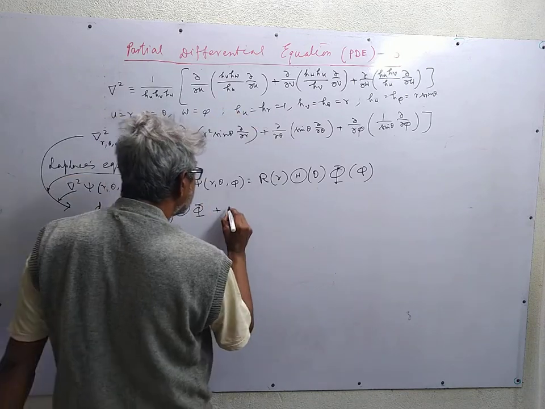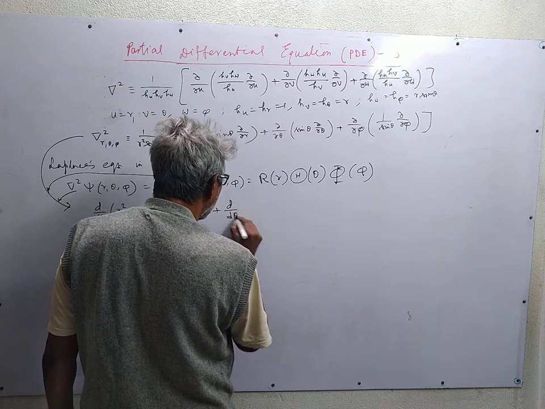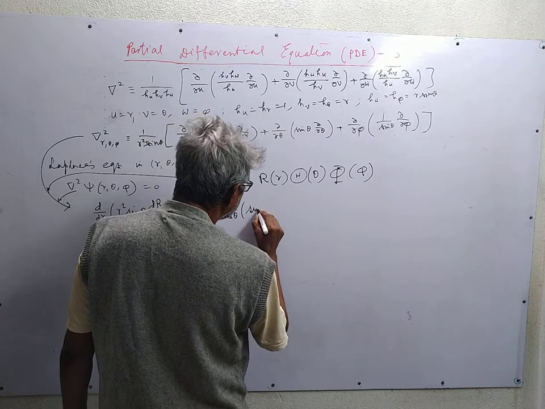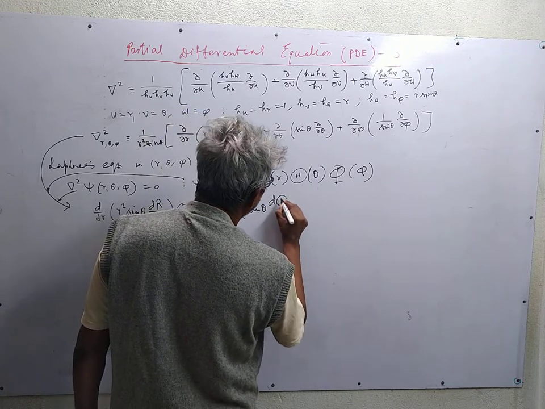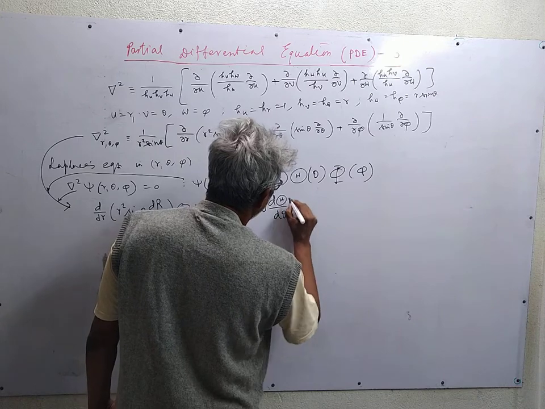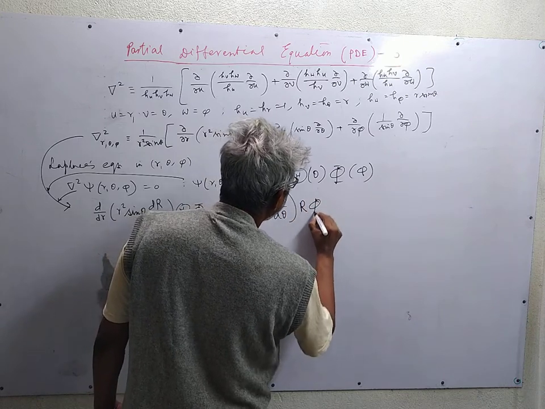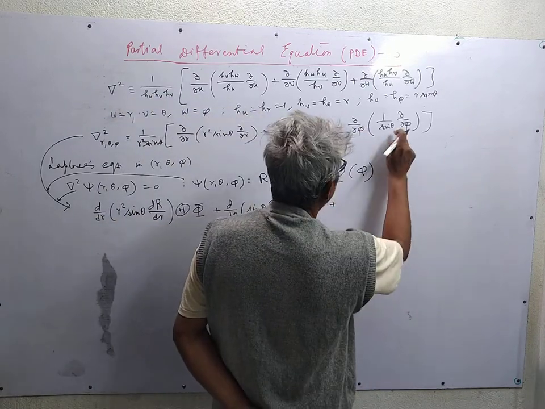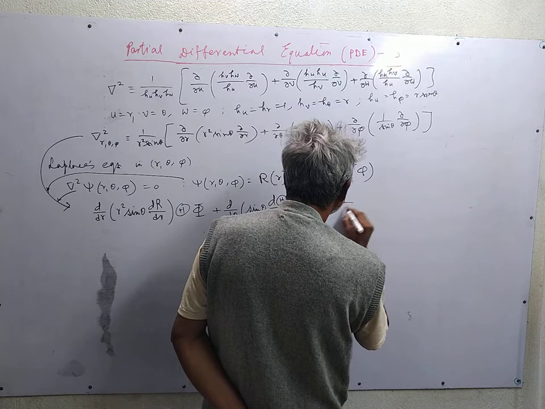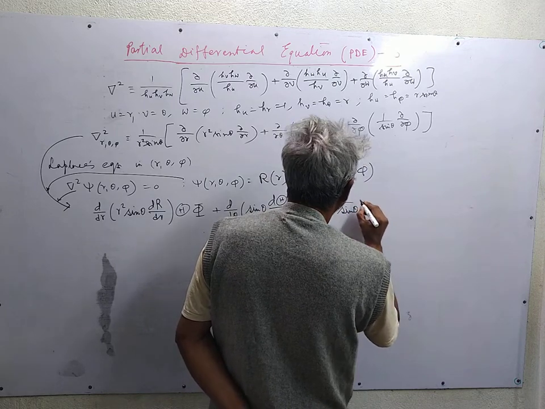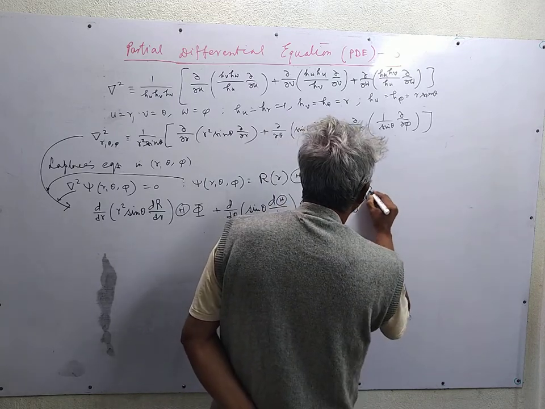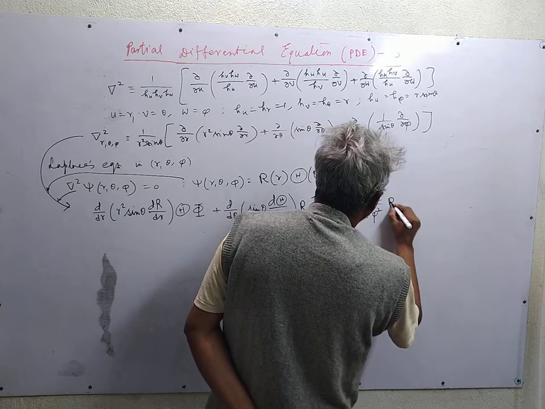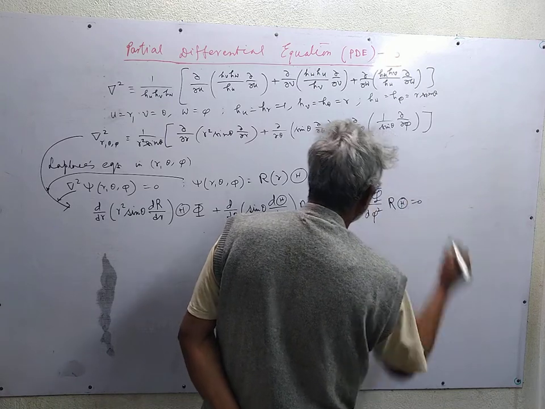Now this term is del by d theta. Then we have sin theta d of Theta by d theta. Now coming to this part, this is 1 by sin theta, then d2 Phi by d phi 2, R Theta, is equal to 0.